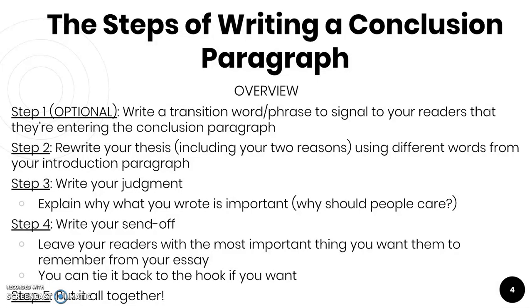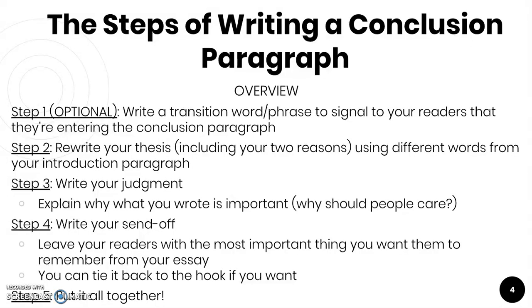Okay, now let's just look at all the steps of writing a conclusion paragraph, and then we're going to go through each one by one. So the first step is to write a transition word or phrase to signal to your readers that they're about to read your conclusion paragraph. Something like in conclusion or in summary, okay?